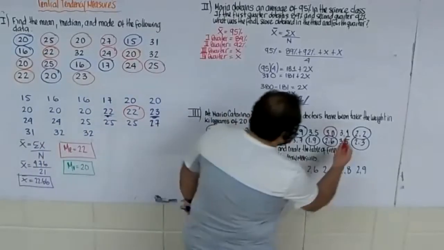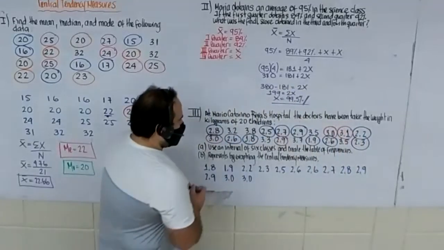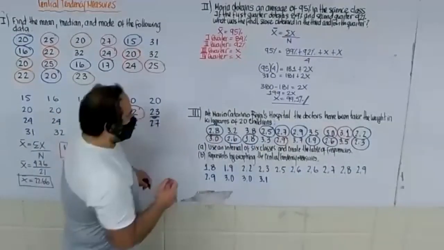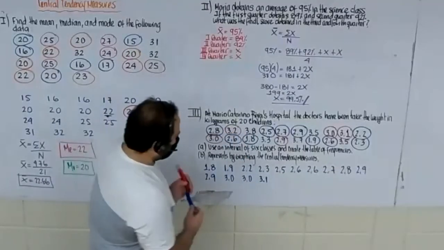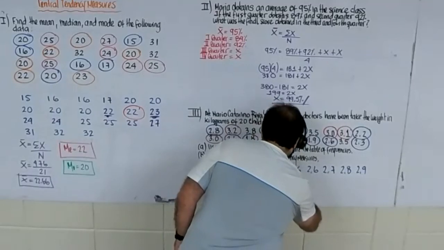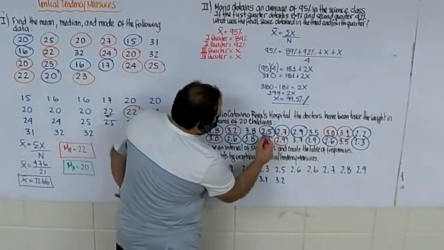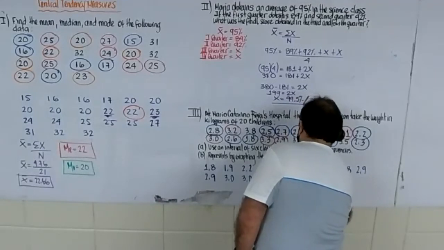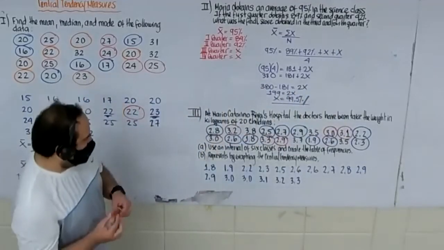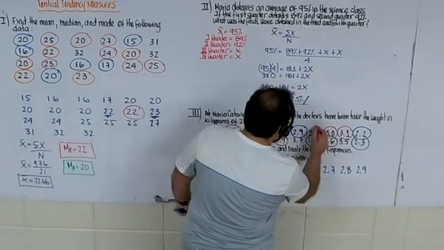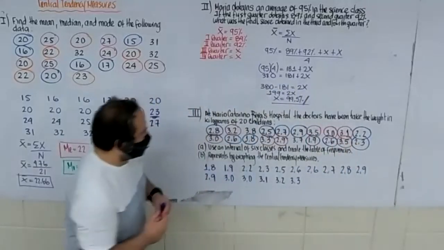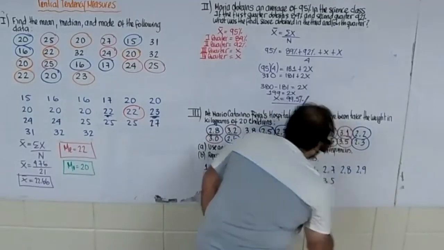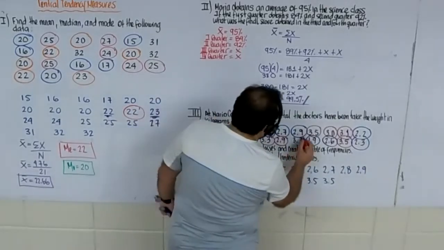We got 3.1 over here. 3.2 over here. 3.3 over here. 3.5 twice. 3.7 and 3.8.